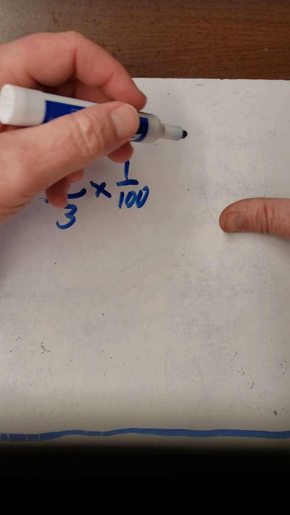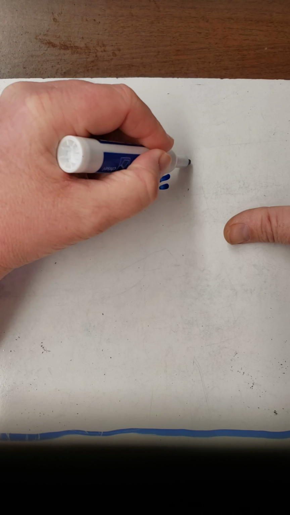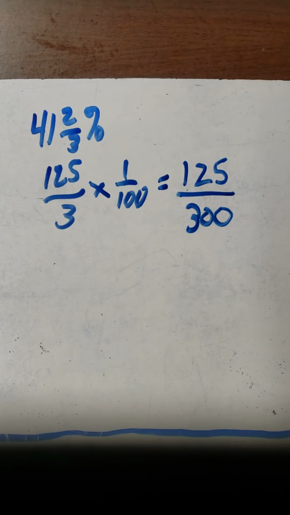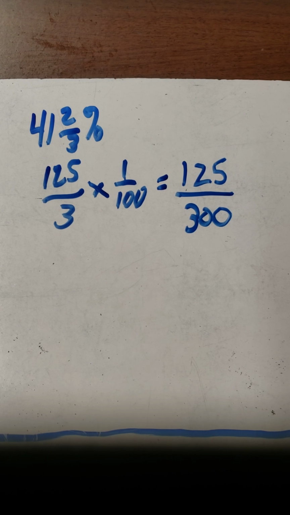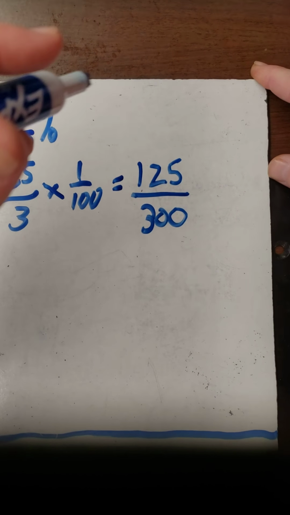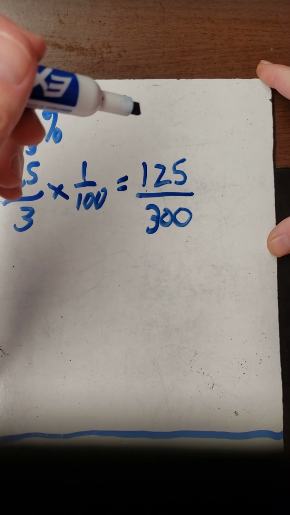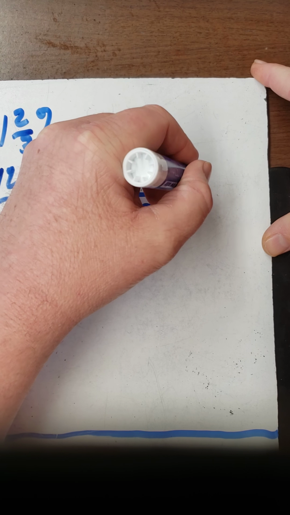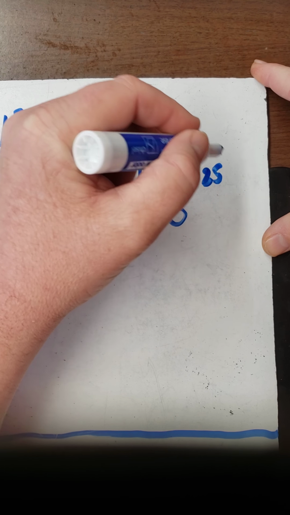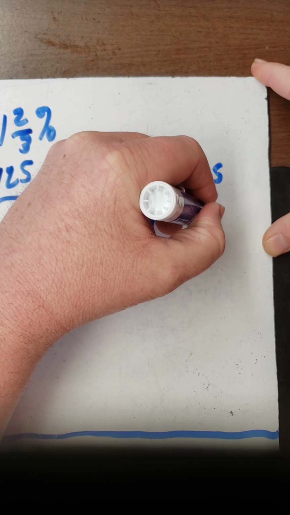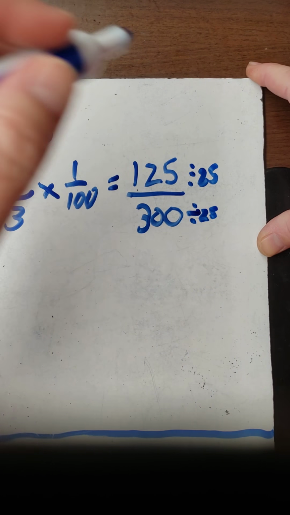So this becomes 125/300. We have to reduce this fraction. We know that 25 goes into 125 5 times, so you divide by 25.